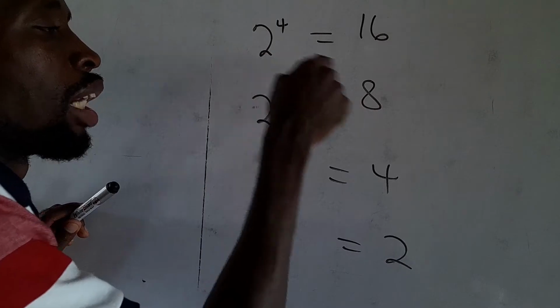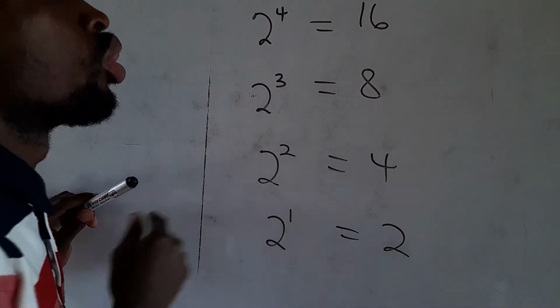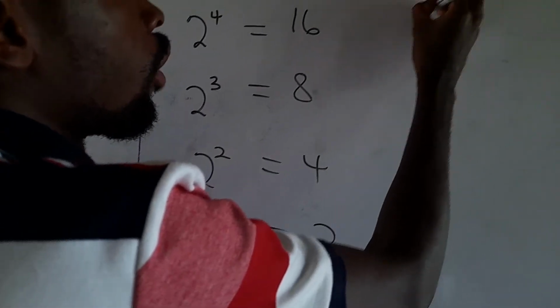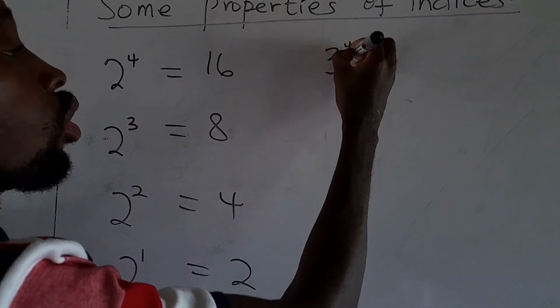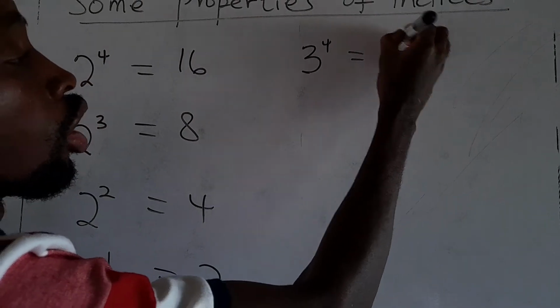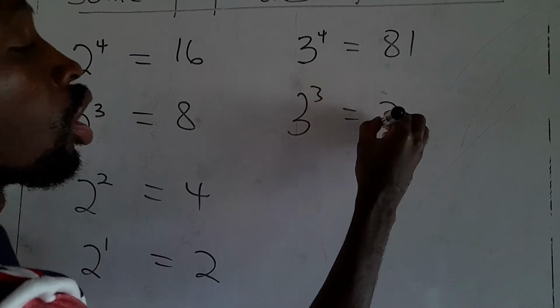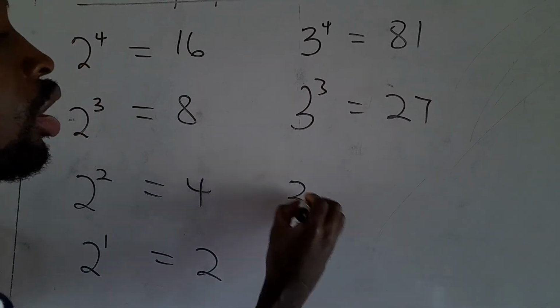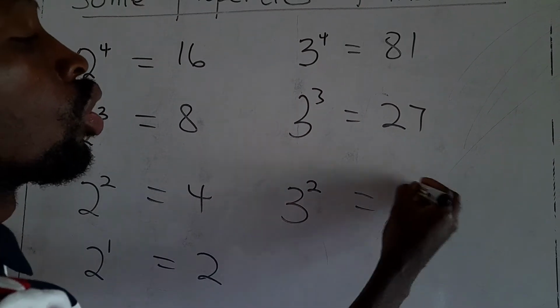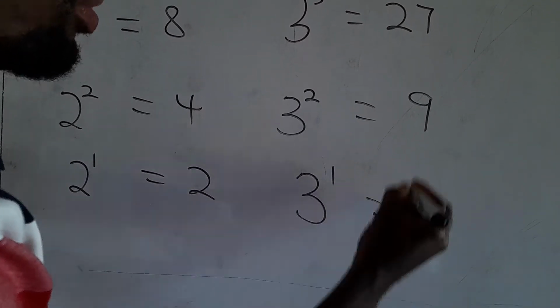So 16 divided by 2, 8. 8 divided by 2, 4. 4 divided by 2, 2. In the same vein, if I have 3 exponent 4, that means 3 multiplying itself 4 times. That will be 81. 3 exponent 3 will be 27. 3 exponent 2 will be 9. 3 exponent 1 will be 3.